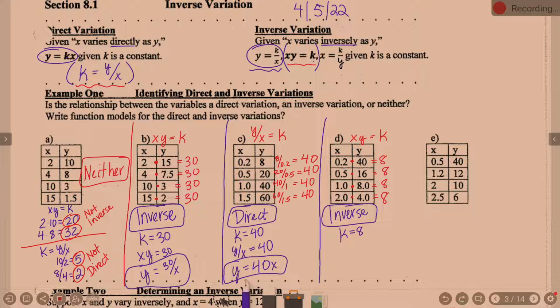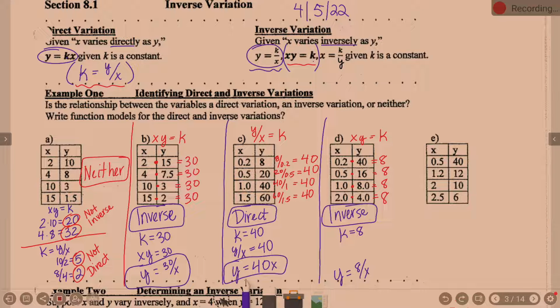What are options to write an inverse equation? Y equals 8 divided by x.